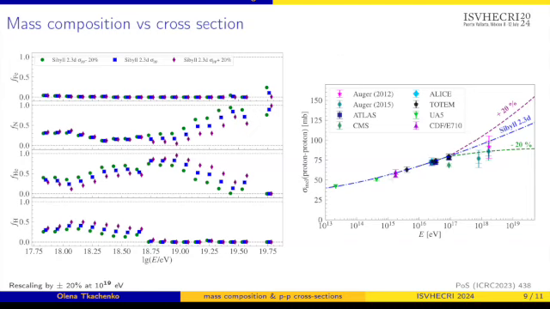From these two plots, one can see how a change by plus or minus 20% in the Sibyll 2.3d cross-section will reflect in the mass composition. In particular, with an increase in the cross-section by 20%, we would get a decrease in the helium fraction at the highest energies and a corresponding increase in the nitrogen fraction at the same time.